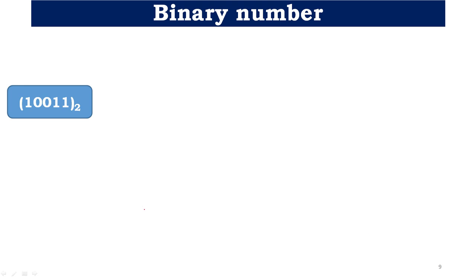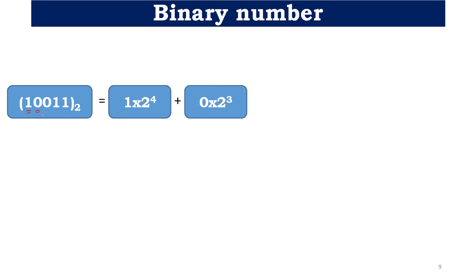And if we take any binary number, then the bits of the binary number will also have their weightages, and the weightages of the binary bits will be powers of 2. So the binary bit 1 is having a weightage of 2 power 4, and the next bit 0 will have the weightage 2 power 3.